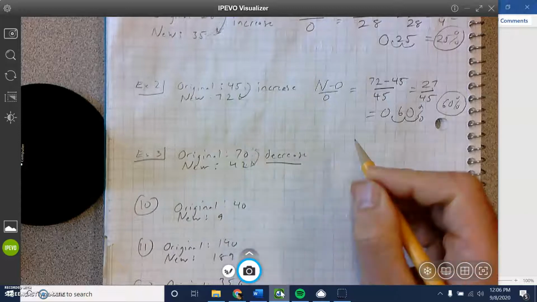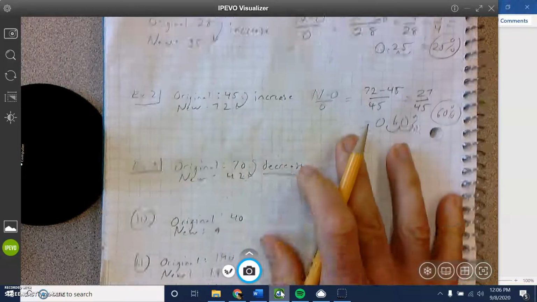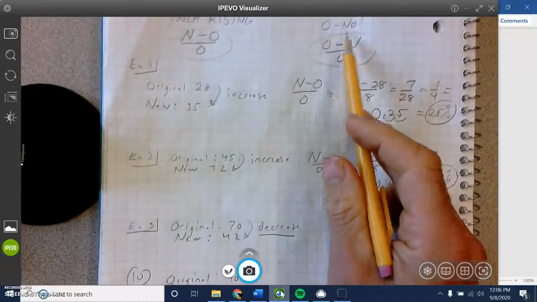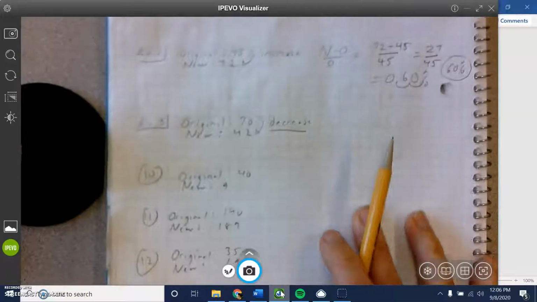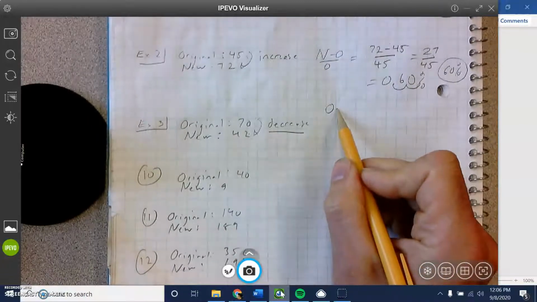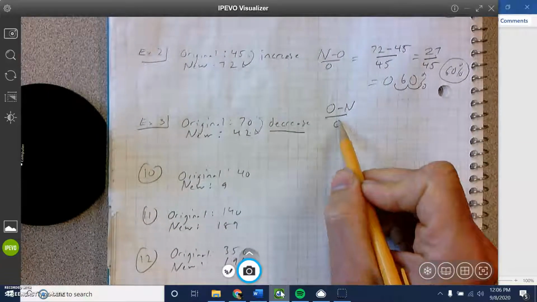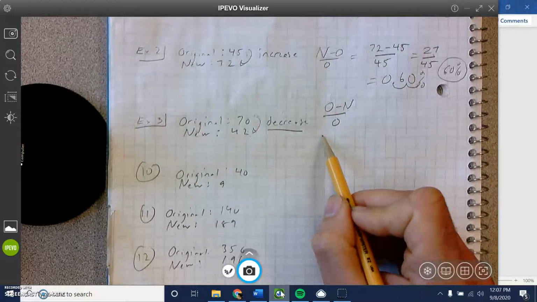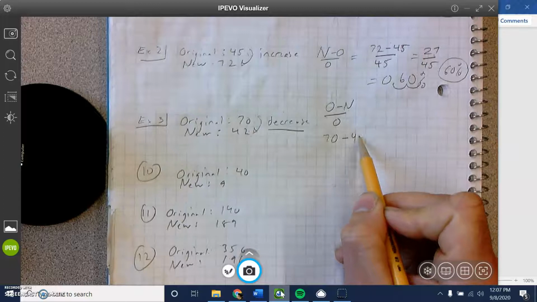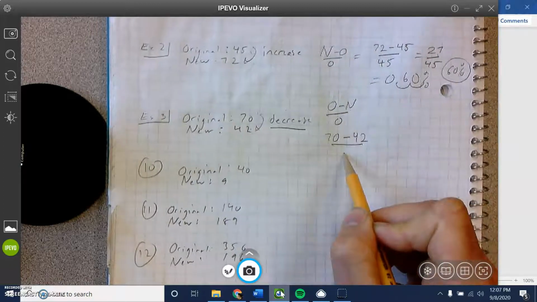You went down a certain number. So decrease means we're going to, oh no, we're decreasing. Old minus new over old. So write that down. Old minus new over old. Oh no, we're decreasing. So it's going to be old minus new over what?